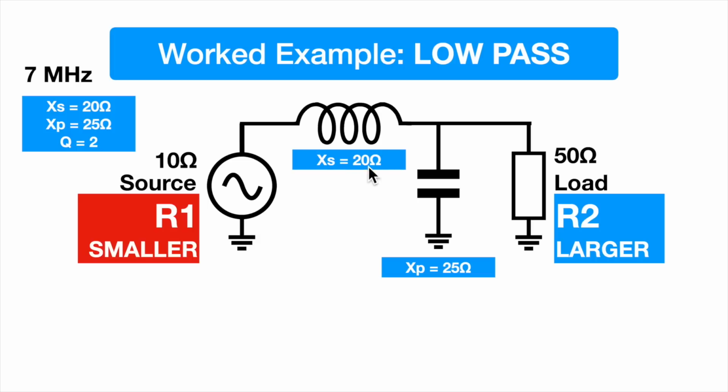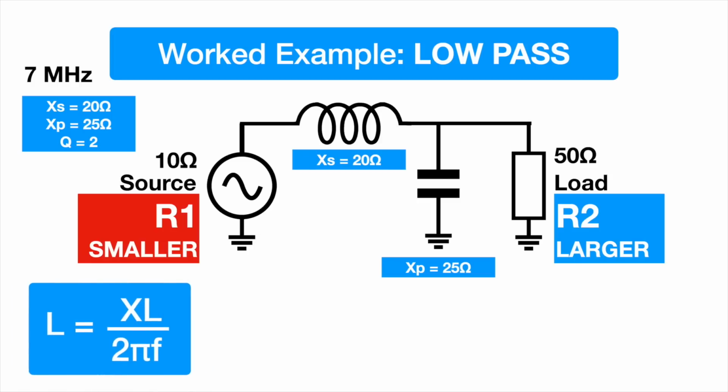So let's start with the inductor. We know now that we need 20 ohms of inductive reactance. So all we've got to do is dredge up those formulas I showed you in the last video for calculating reactance. Just rearranging the one for inductive reactance gives us this. If we want to find out what value that inductor should be, L, the inductance, is the inductive reactance, which is our series reactance, 20 ohms, over 2 pi times the centre frequency, 7 megahertz.